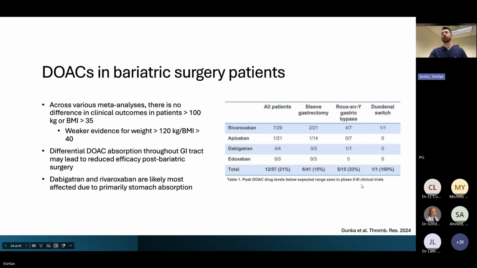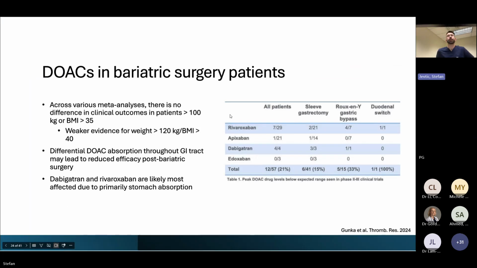Okay. And so just to review some of the evidence of DOACs in bariatric and obese patients, we know that in the initial DOAC trials, patients who were over 120 kilograms in particular were underrepresented. But now that we have a lot of data accumulated through various trials and meta-analyses, we know that for 100 kilograms or BMI 35, the evidence is pretty strong that there are no worse clinical outcomes, and so we can safely prescribe DOACs in these patients.